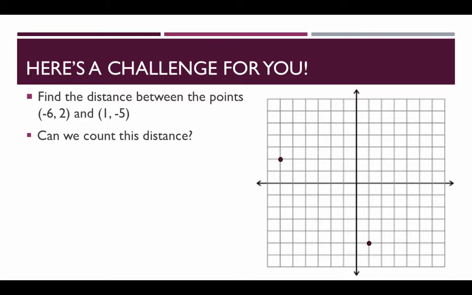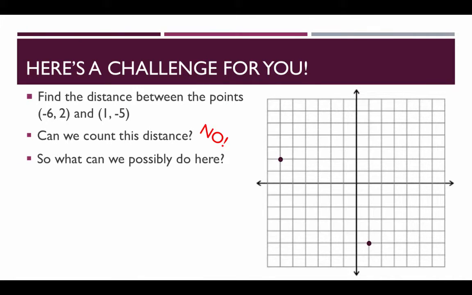So we could just move straight across the line to count how many spots we move. But here we don't have just a line to move across or move down. So the answer is actually no. Whenever you have a diagonal, even if it's just slightly diagonal, in a coordinate plane or on a graph like this, you cannot just count the distance.